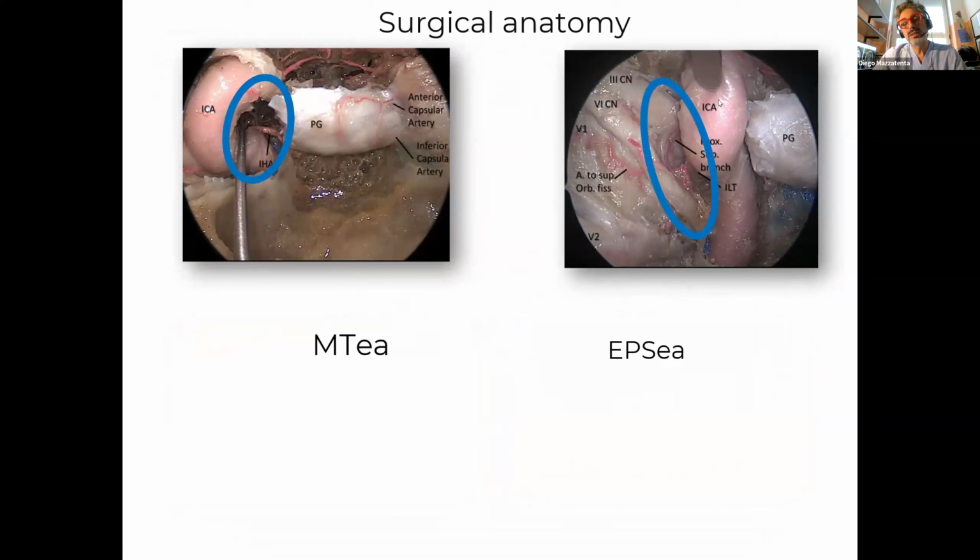The lateral compartment is between the ICA and the lateral wall of cavernous sinus. To work inside the medial compartment, it's enough to perform a midline standard transsphenoid endoscopic approach. Conversely, if you want to work laterally to carotid artery, you have to expand the approach, removing the ethmoid and the pterygoid to work more laterally to the internal carotid artery.